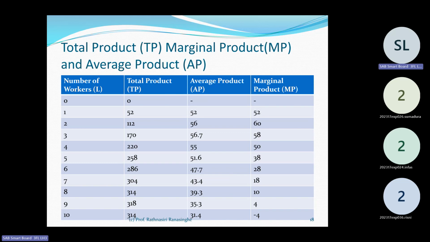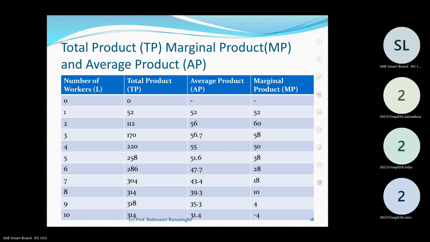So when the total production is maximized, we know that marginal productivity equals 0, because at the maximum point, the slope of the total product curve equals 0. So marginal productivity is zero somewhere in between these two.